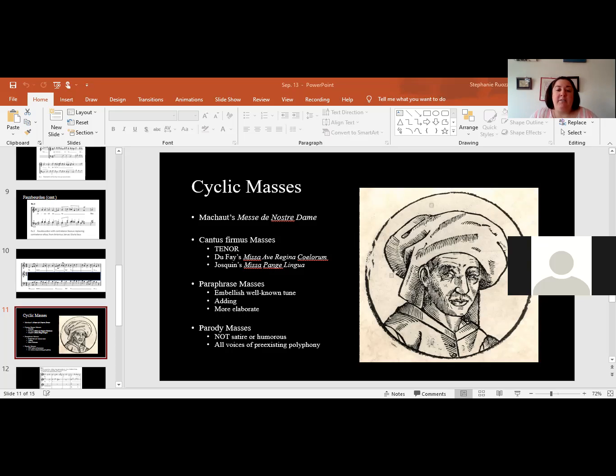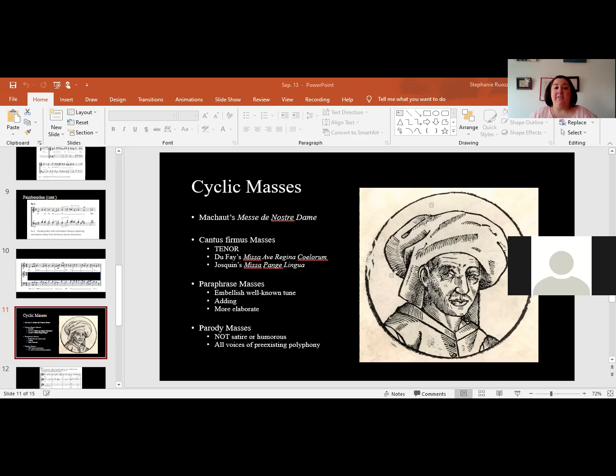So in the Renaissance, one way that composers start to unify cycles of masses is by basing them all on one single pre-existing chant in the tenor, in each of the 5 movements. That pre-existing chant would then be labeled the cantus firmus.